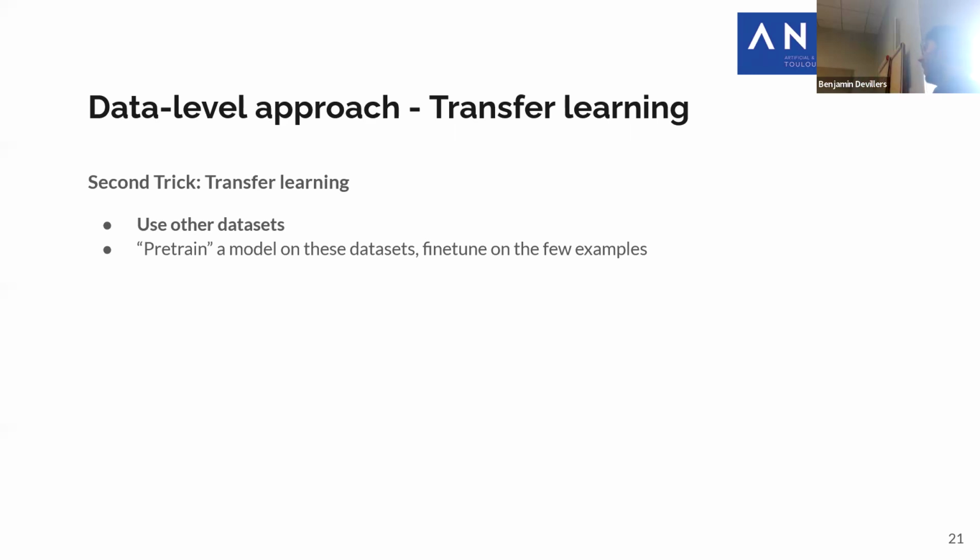Maybe learning how to differentiate different animals will help because you will learn what a head is, a tail, many features in the image that are important to differentiate different animals and that are very general and not specific to these animals, but could be applied also for cats and dogs. And so learning on those will help for your new task. And so that's what we call transfer learning.